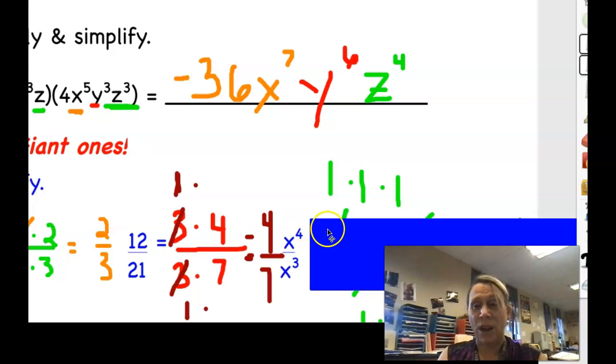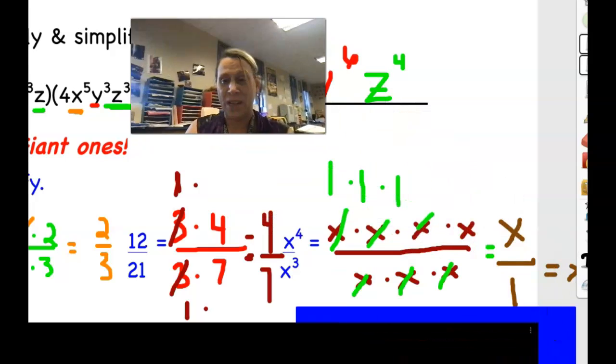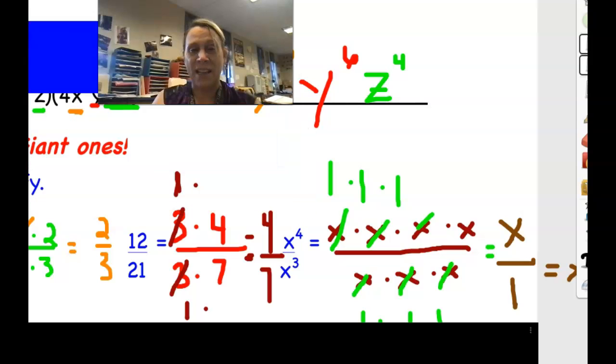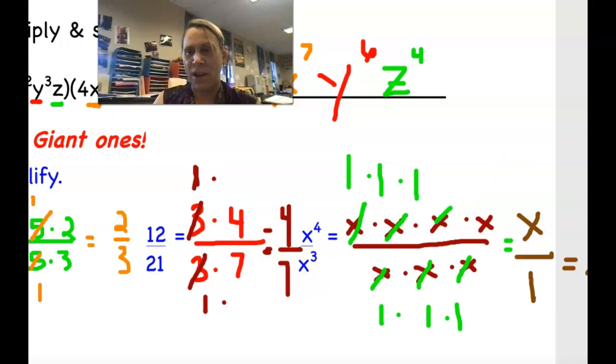So we can rewrite that as 4 x's being multiplied, and 3 x's being multiplied in the denominator. You might be like, well, why are they crossed out? Because like we saw in example 1, we want to make giant ones. So here is a pair of giant ones.